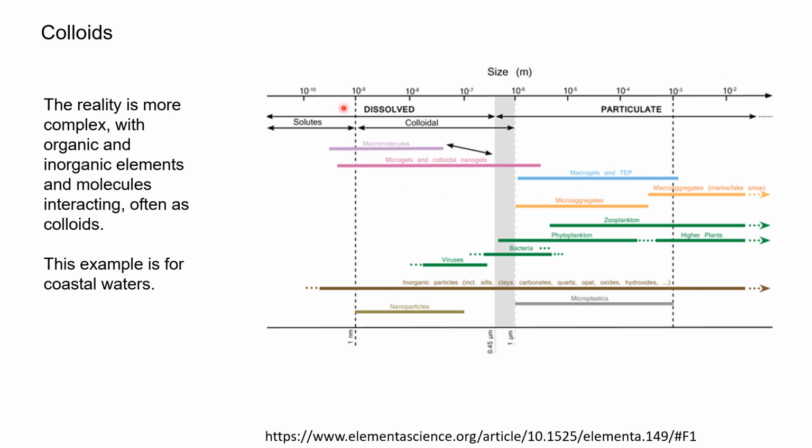So the colloidal size range that we're interested in is the same size range as some of the bacteria, all of the viruses, and all of the nanoparticles as well. And it's in this range that the organic and the inorganic elements and molecules interact, forming these colloids, and they get transported in aquatic systems.